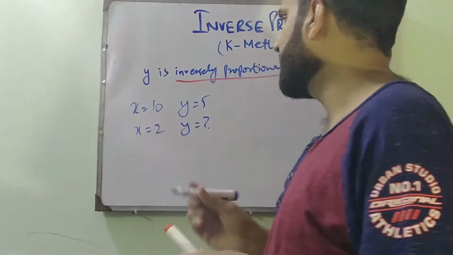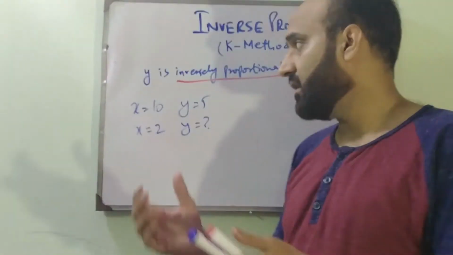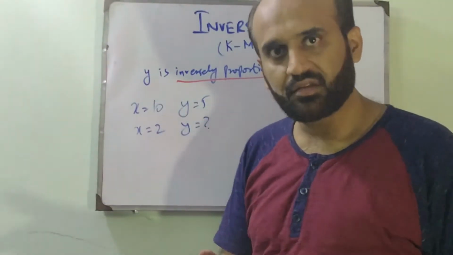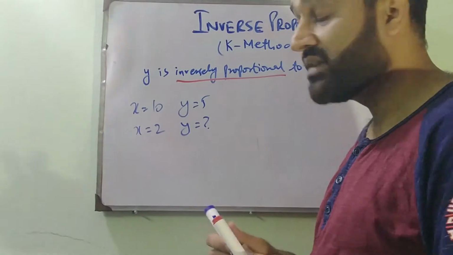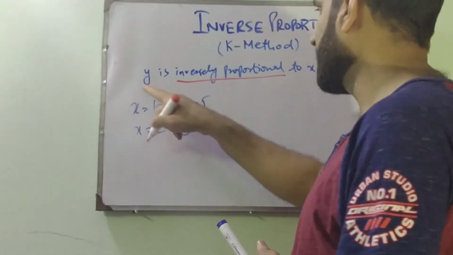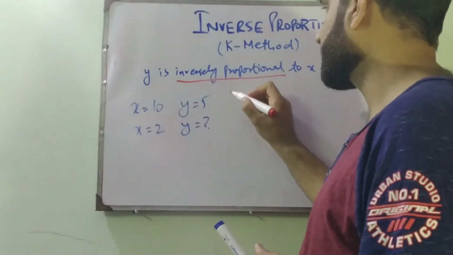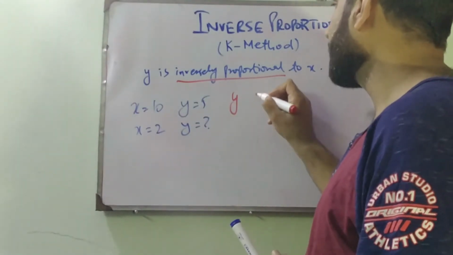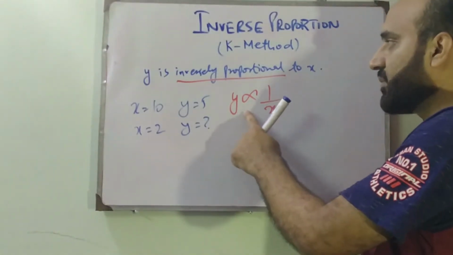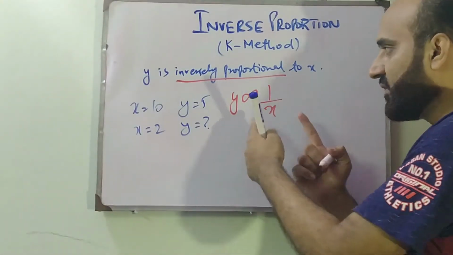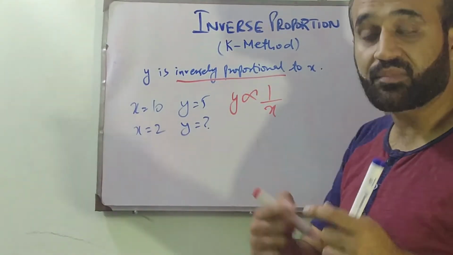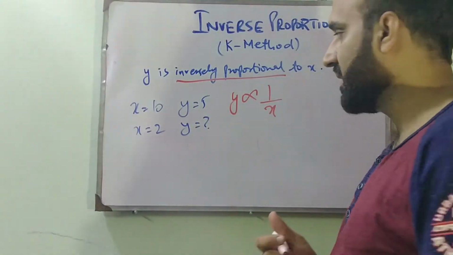For using the K method in the inverse proportion, the narration will be: it's given y is inversely proportional to x, so y will be proportional to 1 over x. In the inverse form, you are supposed to write down 1 over the value, right?